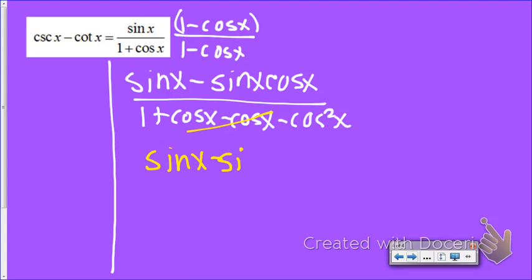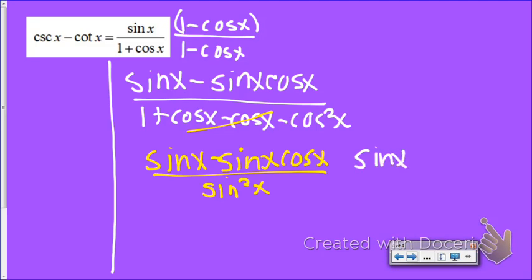So now I am here. Whoops, I said that was sine squared. So now, since both of my terms have a sine of x in them, I can cancel one of them out. I can divide it out. Another way this could be written, with that sine x factored, would work the same way.